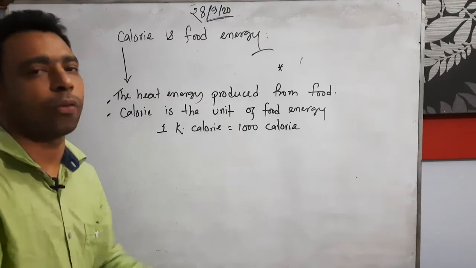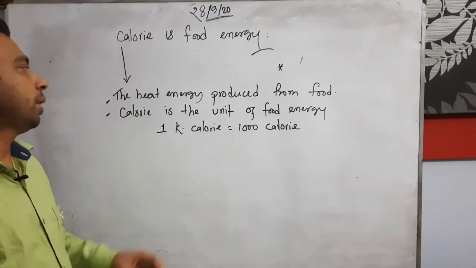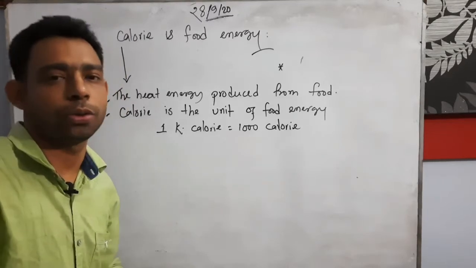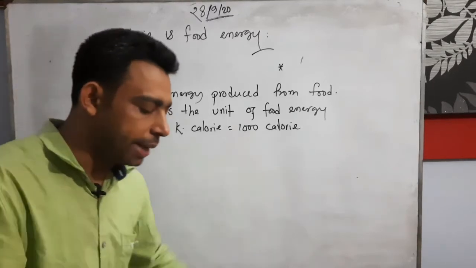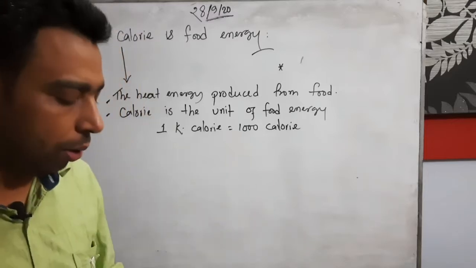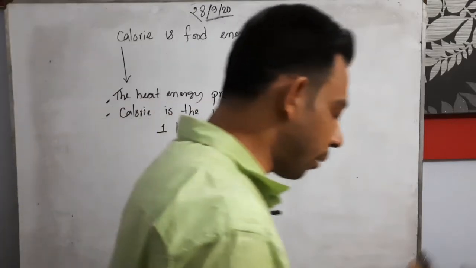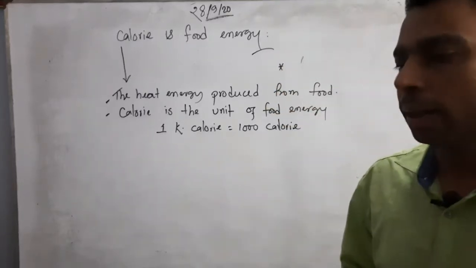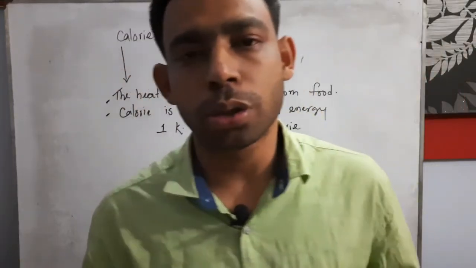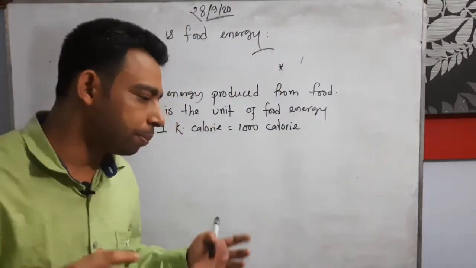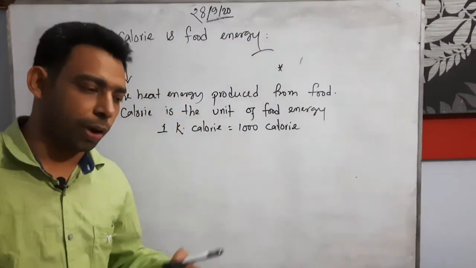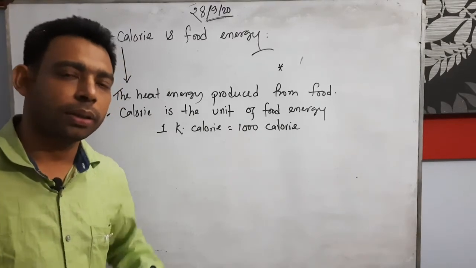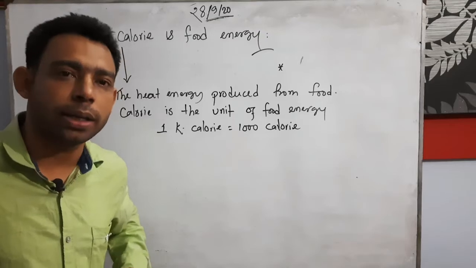Anyway, you can write that the calorie is the heat energy produced from food when we take any food, before digestion. Or I can give you a simple example. When you take a heavy meal at noon or at night, you can touch your stomach and it feels hot.